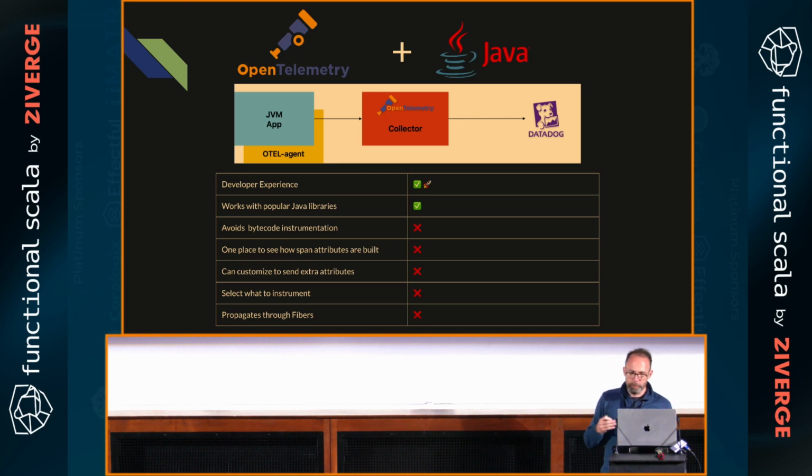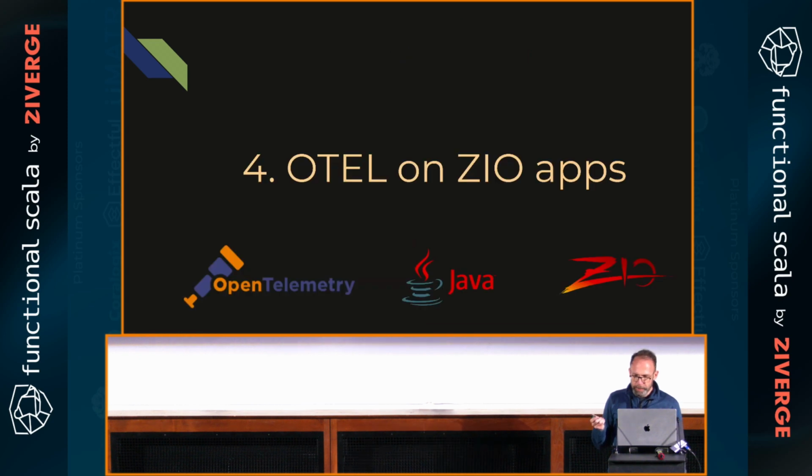So I might not be interested in instrumenting health check endpoints, for example, but I have them checked as instrumented as well. Also, the context propagation occurs through thread local things, so it doesn't work if you use fibers or stuff like that.